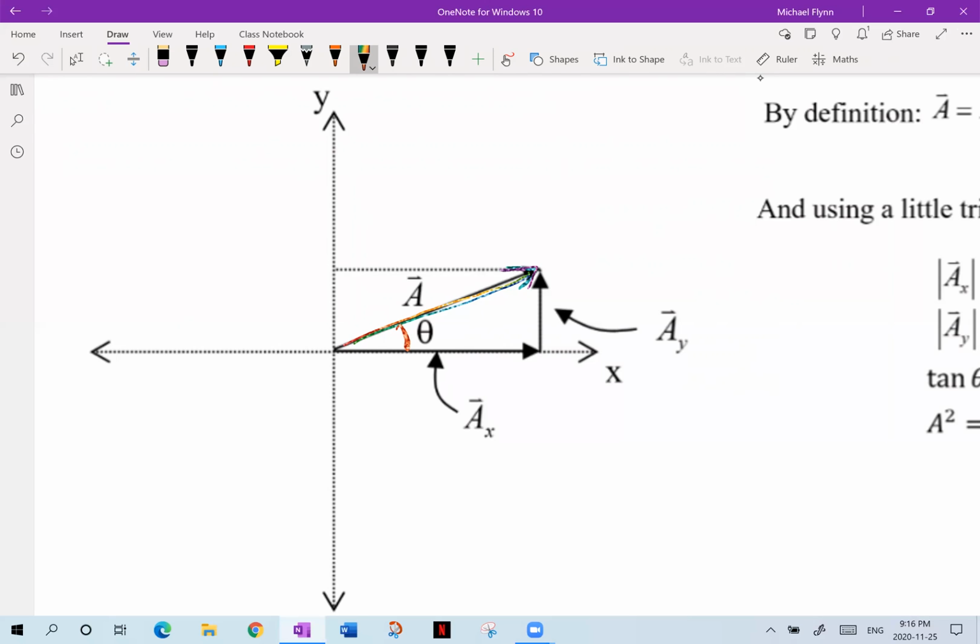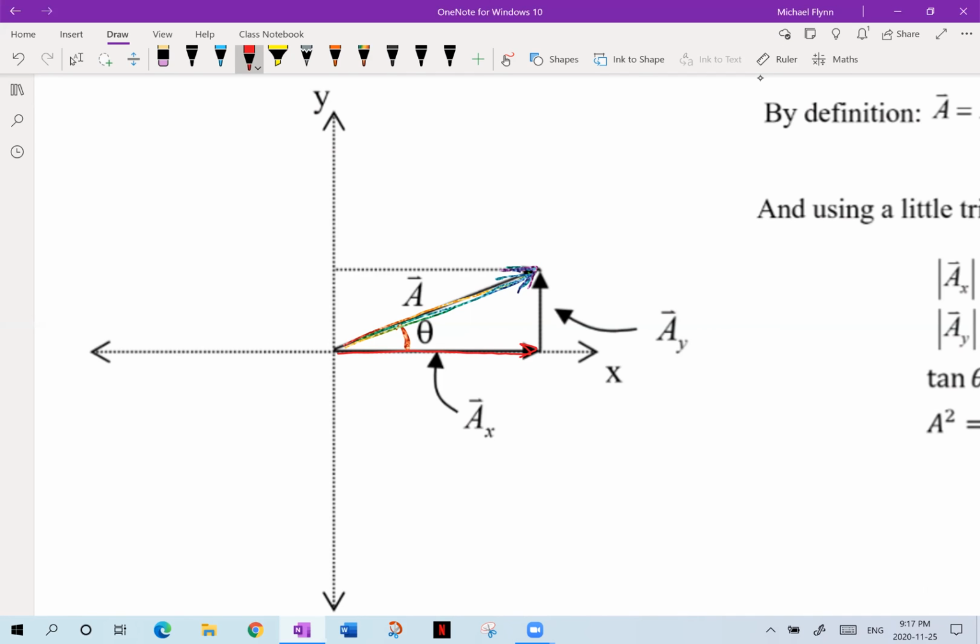Now, what we're going to do is project the vector onto the axis, okay? And the way we do that is we construct a right angle triangle. The two sides of the right angle triangle will be on the axis, and those two things will add up to give me my rainbow vector. The A vector has a component along the x-axis that's this long. It's sort of like the shadow that my rainbow vector casts onto the x-axis.